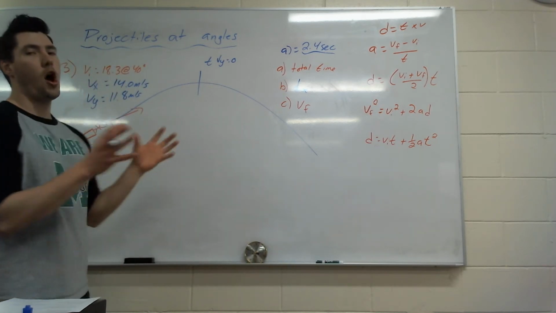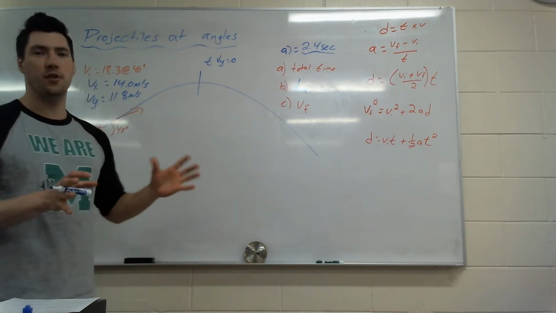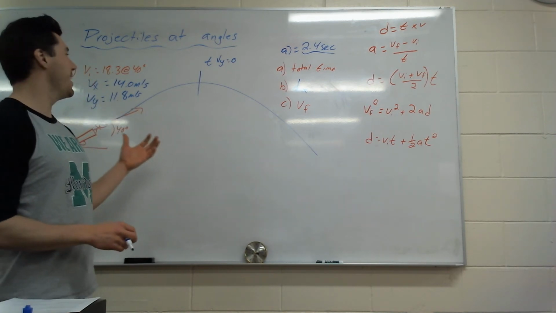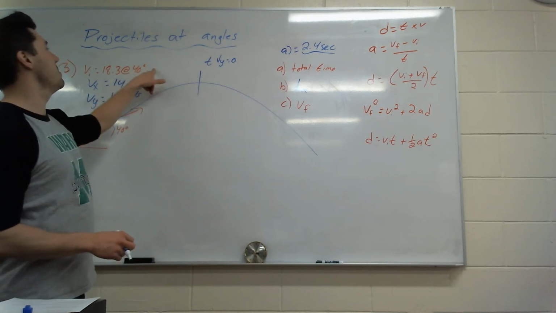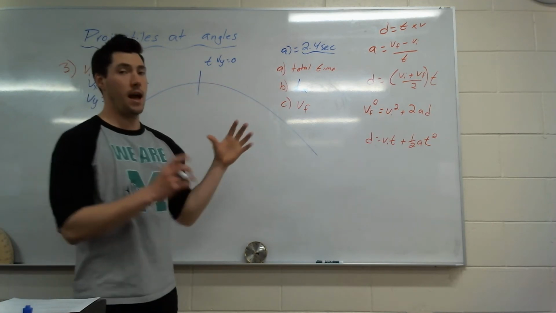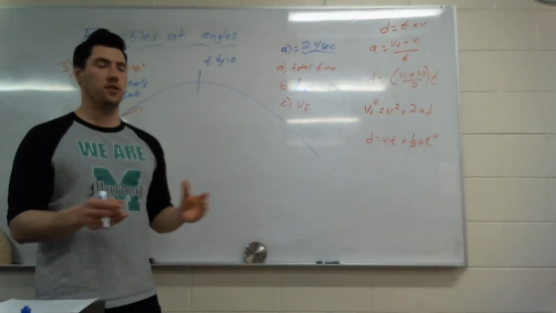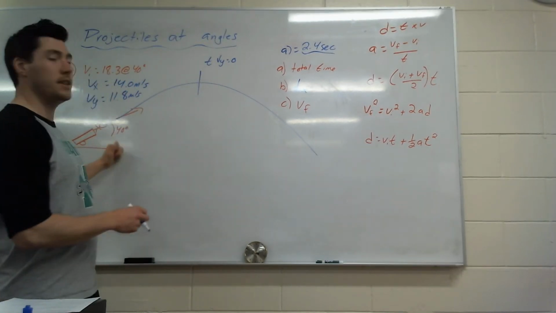But let's just talk about the symmetry way before I do the crazy kind of physics way. Not crazy, it's not crazy. It's just more work. If I leave at 18.3 meters per second at 40 degrees, it goes up and it comes back to the exact same height, which is this question. It says that it hits the net at the exact same height as it leaves at.